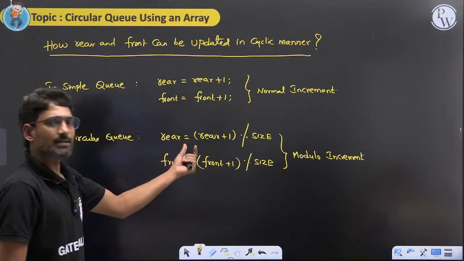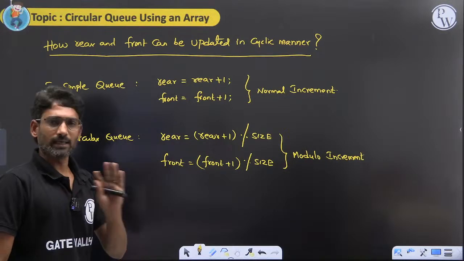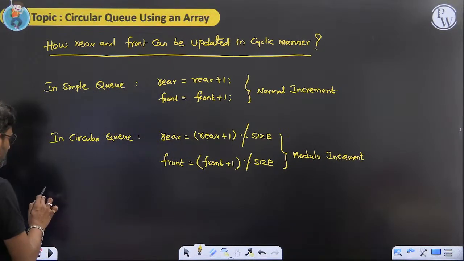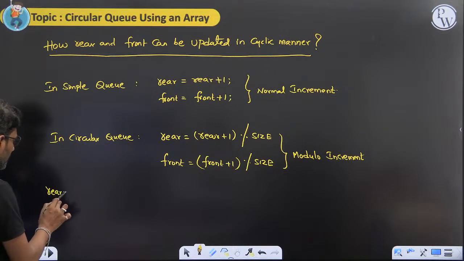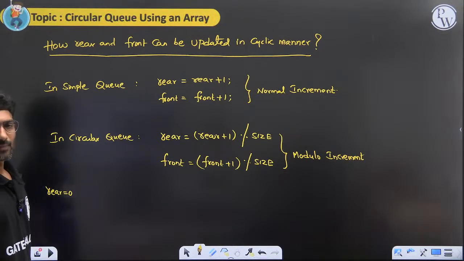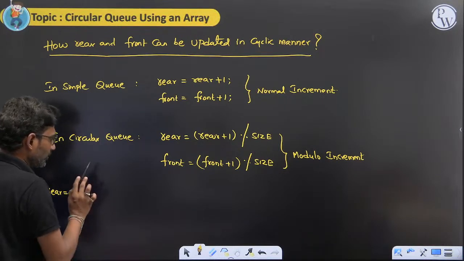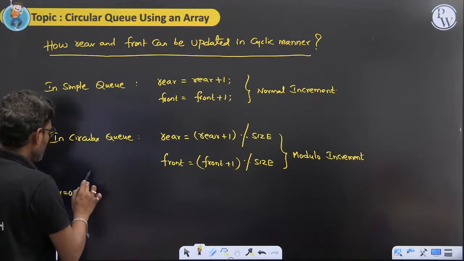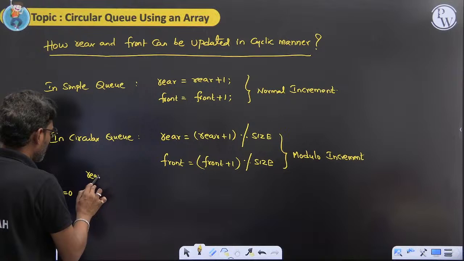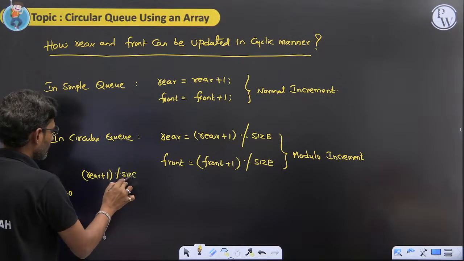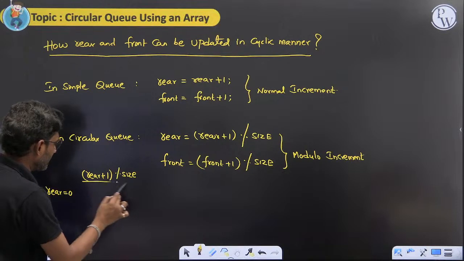So, will this work in all cases? Yes. See, if rear is equal to 0 initially, let us say, now when you do rear plus 1 mod size, what will happen?